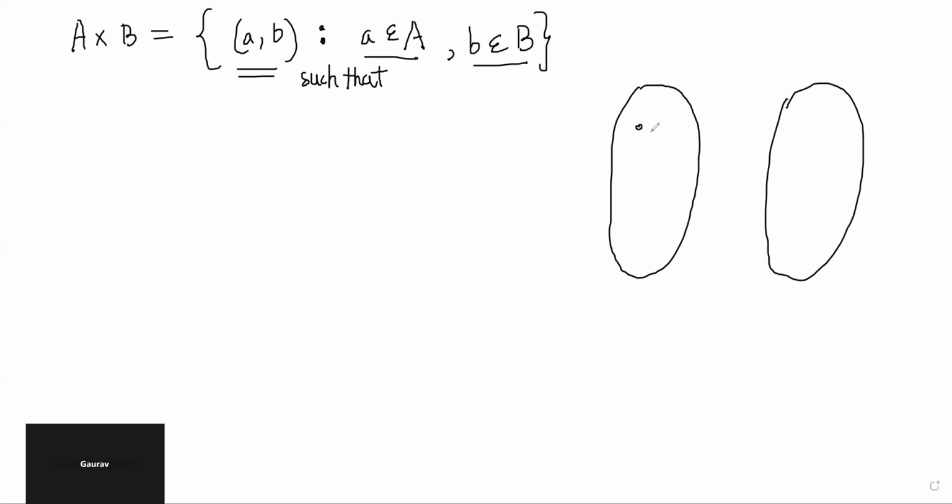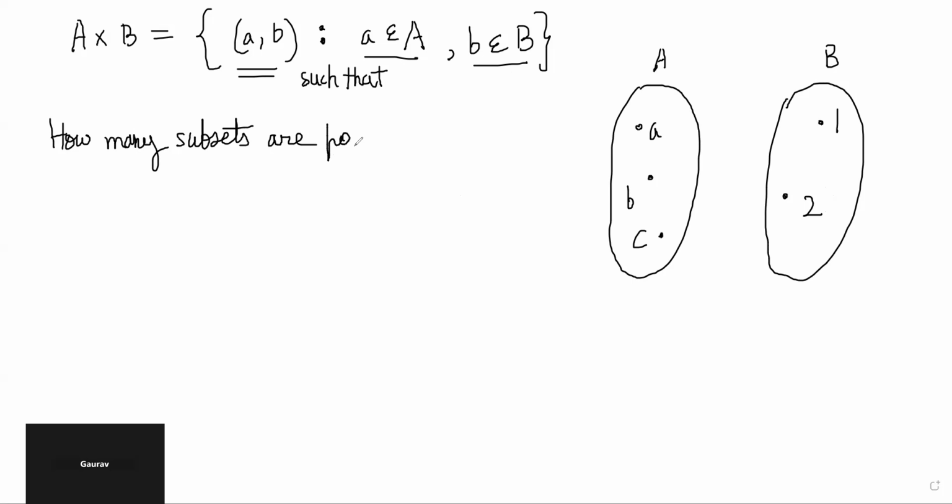let's say we take a smaller set A, B, C, and this is 1 and this is 2. So only 6 elements will be there in this Cartesian product, right? Now, how many subsets are possible for A cross B?